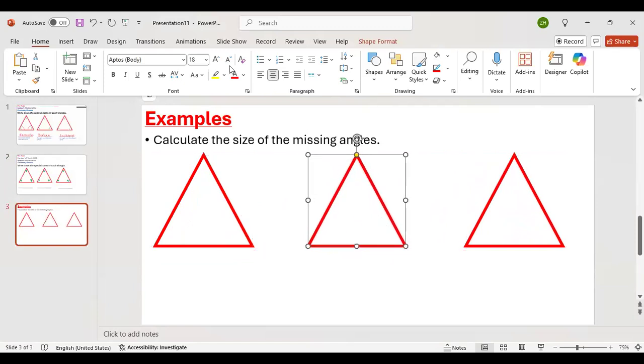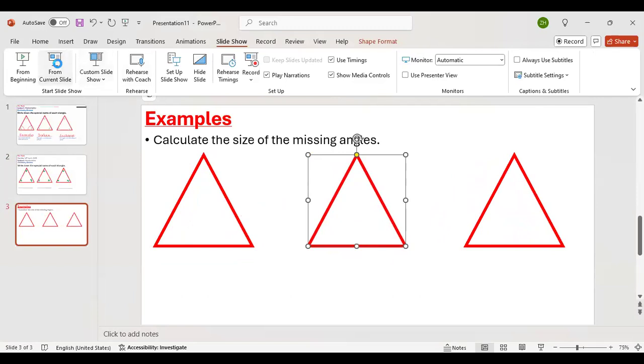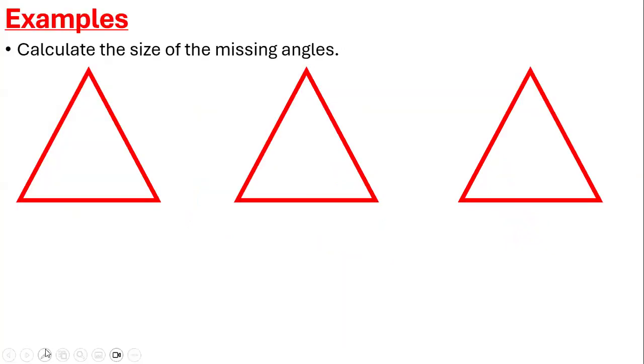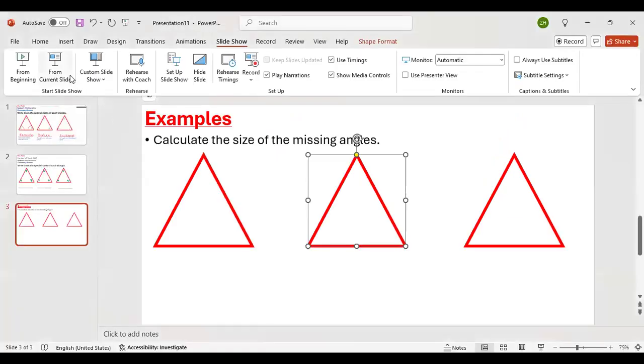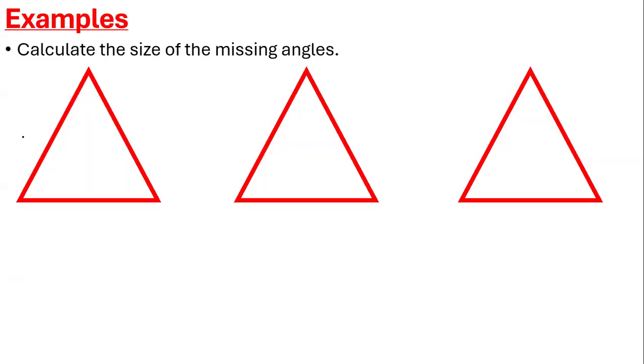So what I want to do now is say, let's call this number 1, and let's call this angle A. Let's say this is 55 degrees, and let's say that this is 50 degrees. I want to know what is the size of angle A.